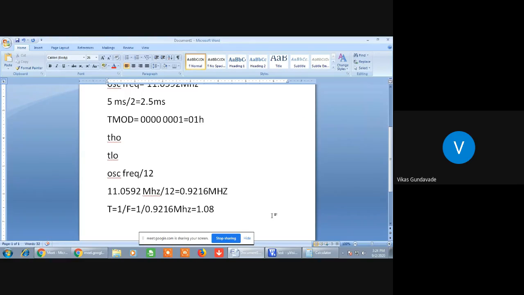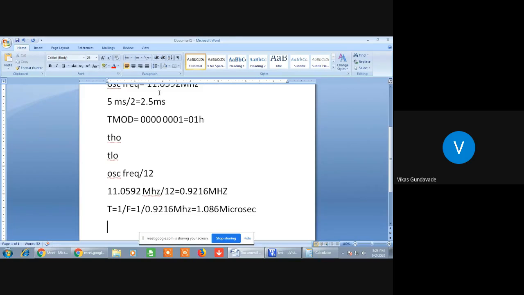So we will take it as 1.086 microseconds. Why microseconds? Because 0.9216 megahertz is into 10 to the power 6. So when it goes to the numerator, it will be 1.086 into 10 to the power minus 6, so it is 1.086 microseconds. That will be the time delay generated by one clock pulse.